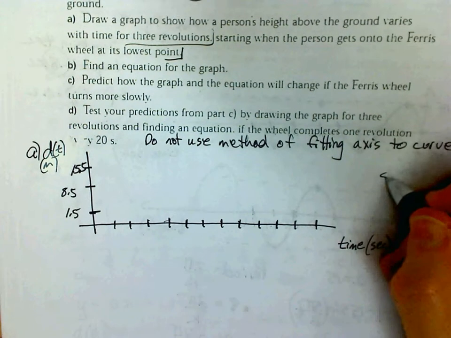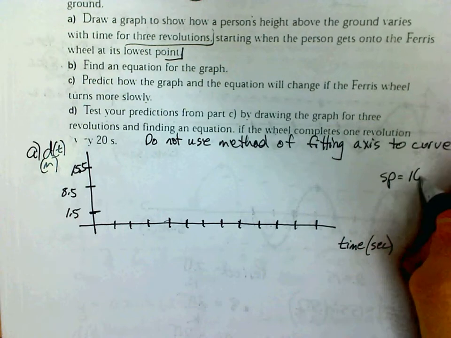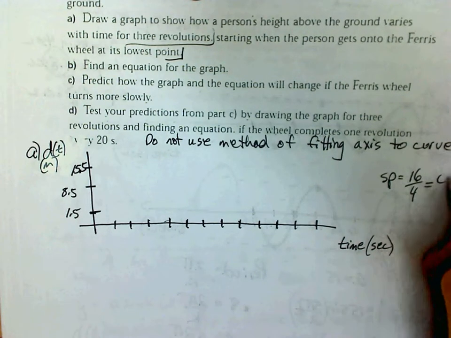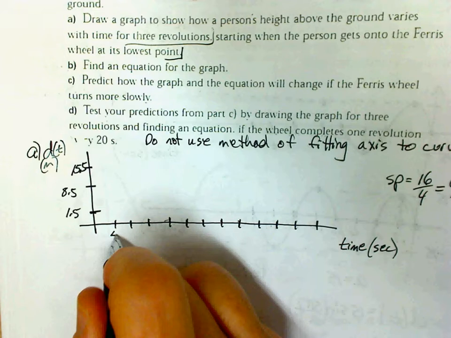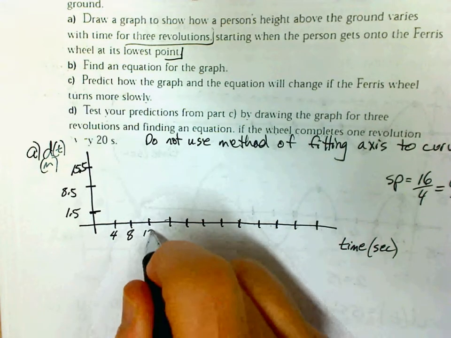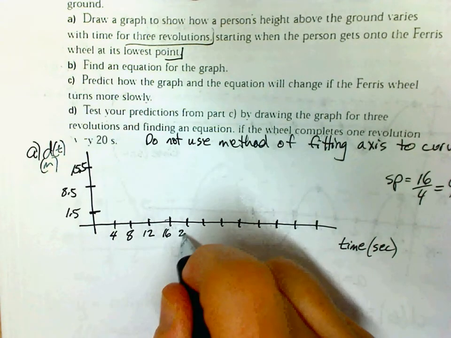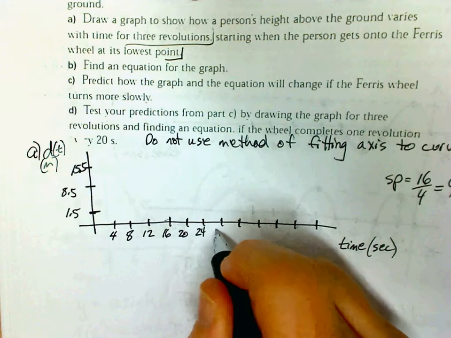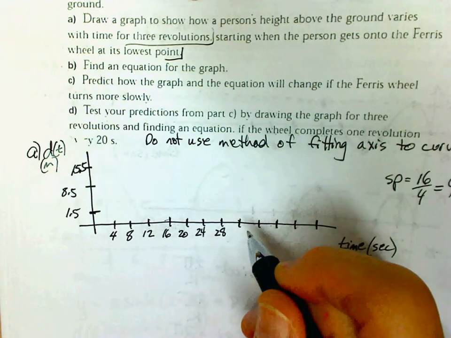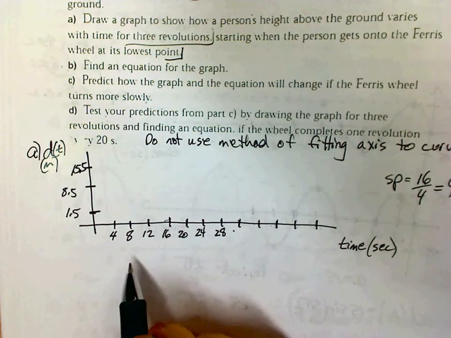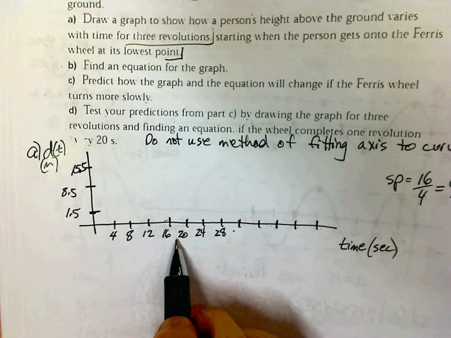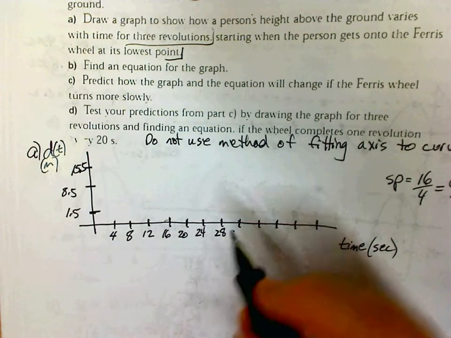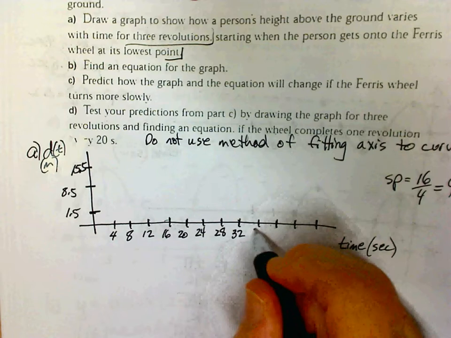So this is going to be 4, 8, 12, 16, 20, 24, 28. I don't want to miss any this time. 16, 20, 24, 28, 32, 36, 40, 44, 48.